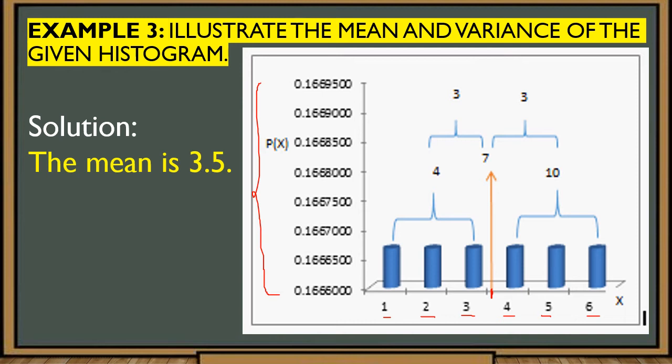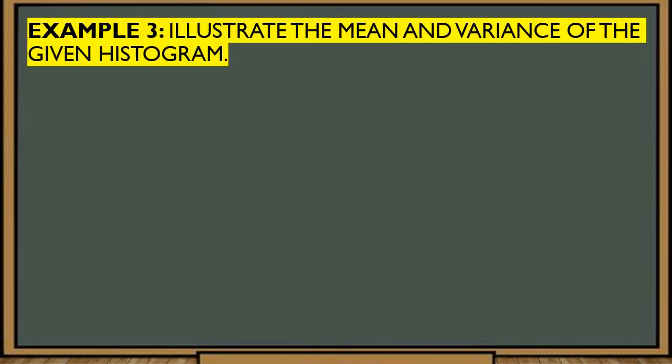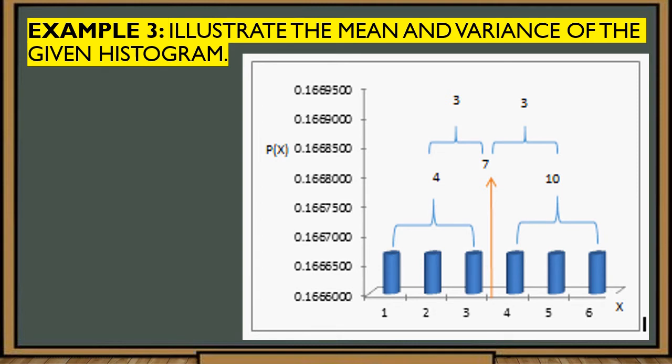Next, to determine the variance or the spread of elements away from the mean, we will have the following procedure. When we are talking about the dispersion or spread, we're talking about the variance and the standard deviation. So how do we get that?